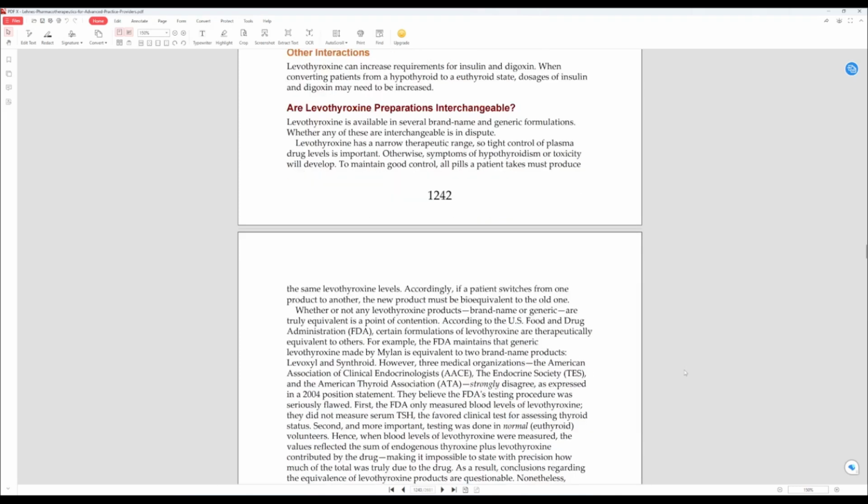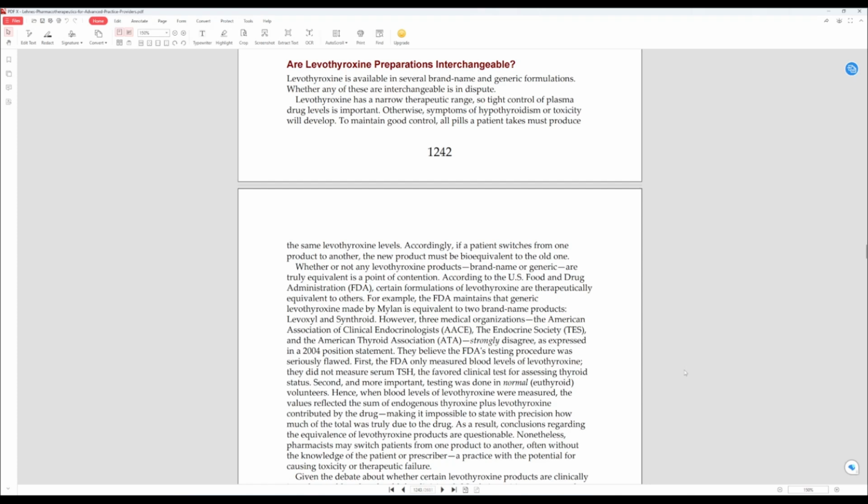So, are levothyroxine preparations interchangeable? Levothyroxine is available in several brand name and generic formulations. Whether any of these are interchangeable, however, is in dispute. Levothyroxine has a narrow therapeutic range, so tight control of plasma drug level is important.